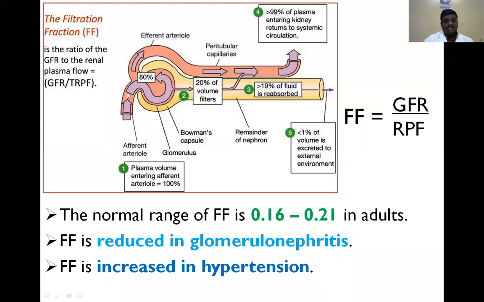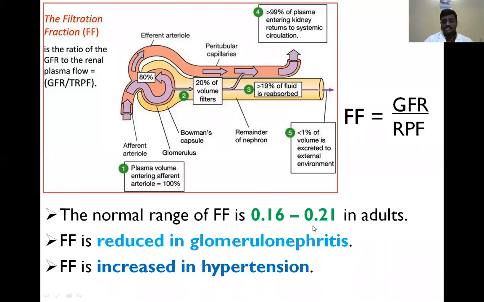Of the plasma that reaches the glomerulus, 20% is filtered and 80% is not filtered and enters the efferent arteriole. Of that 20%, 99% is reabsorbed into the capillaries, so only 1% is excreted out. The filtration fraction formula is glomerular filtration rate by renal plasma flow.